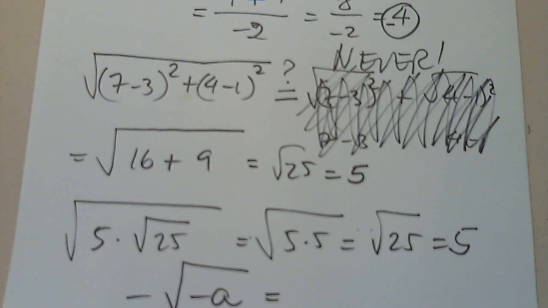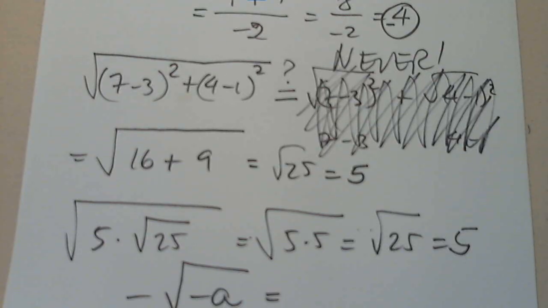If a is a positive number, I'm in trouble, because I cannot take the square root of a negative number. So if a is positive, decide whether the square root of negative a is positive, negative, 0, or not a real number when a is positive. Which one is correct?